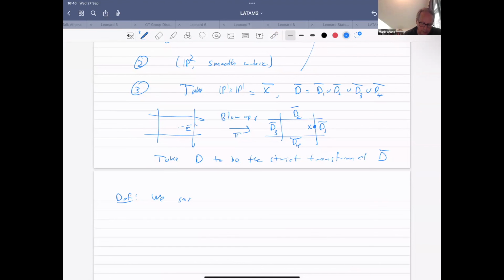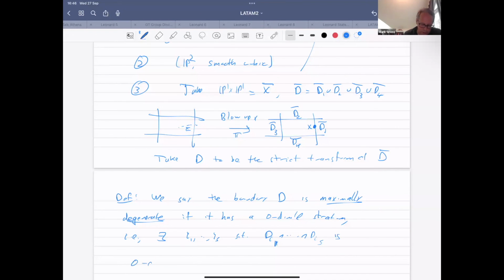We say the boundary D is maximally degenerate if it has a 0-dimensional stratum, i.e., there exist i1 through is such that D_i1 intersect ... D_is is 0-dimensional.